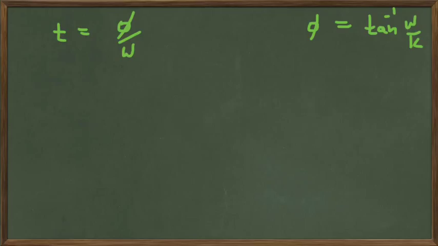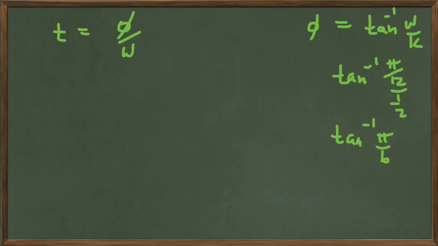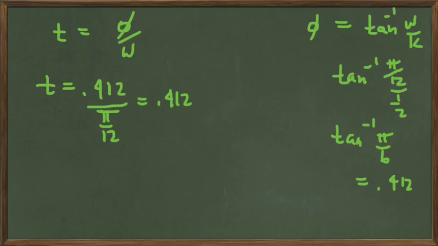Tangent of phi is omega over k, and so that would be the tangent inverse of pi over 12 over a half, or the tangent inverse of pi over 6, and so that you can see from your calculator is about 0.412 is phi, and so t is 0.412 divided by omega, divided by pi over 12, which is 0.412 times 12 over pi.